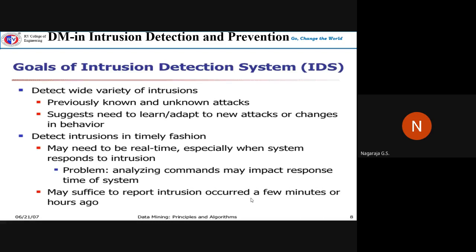Having said that, we should also detect a wide variety of intrusions, previously known and unknown attacks, because each and every time the intruder is trying to attack in different forms. That's where we say known and unknown attacks.